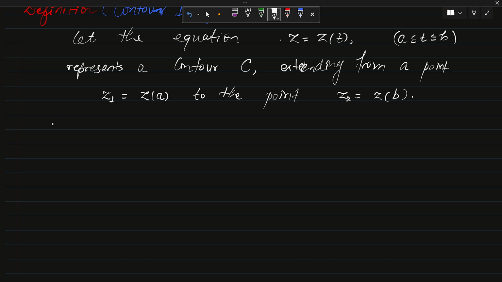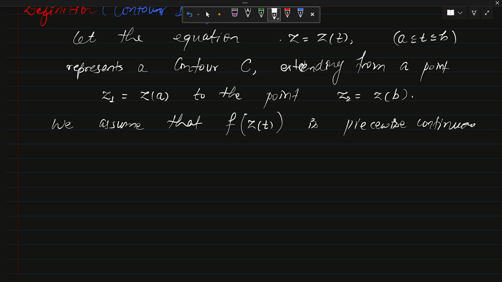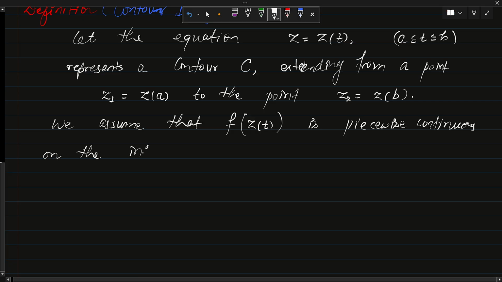So we assume that f of z of t, that was f of z, where now z equals z of t, is piecewise continuous on the interval a less than or equal to t less than or equal to b.